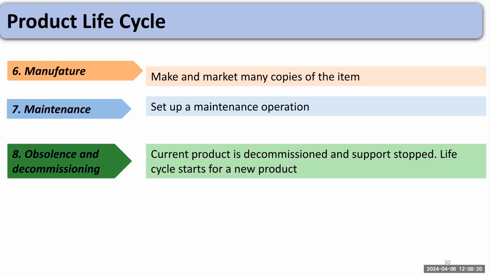Every product, if we use the same product, we think that we don't need it. So the company should give a new product. So that is the obsolescence, and the company should give a new product.